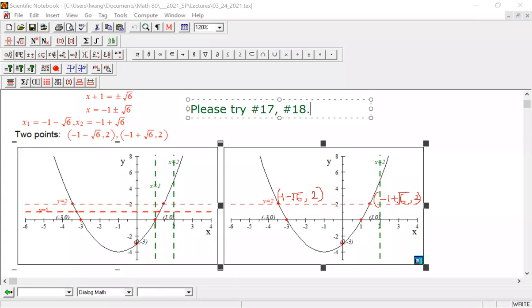You're going to do the vertical cut and horizontal cut and find the points of intersection and see what we get. Five minutes.